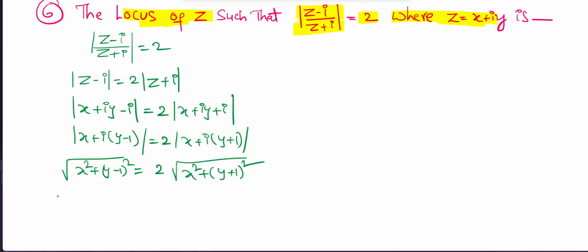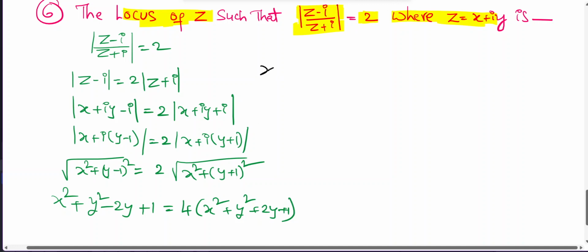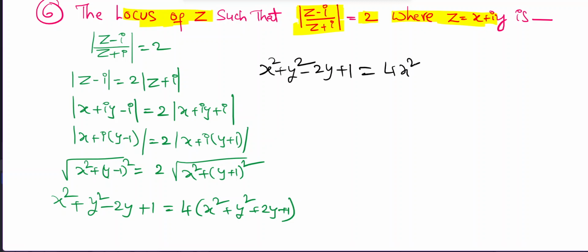So squaring on both sides, x square plus (y minus 1) whole square, that is y square minus 2y plus 1, is equal to 4 into (x square plus y square plus 2y plus 1). So x square plus y square minus 2y plus 1 is equal to 4x square plus 4y square plus 8y plus 4.